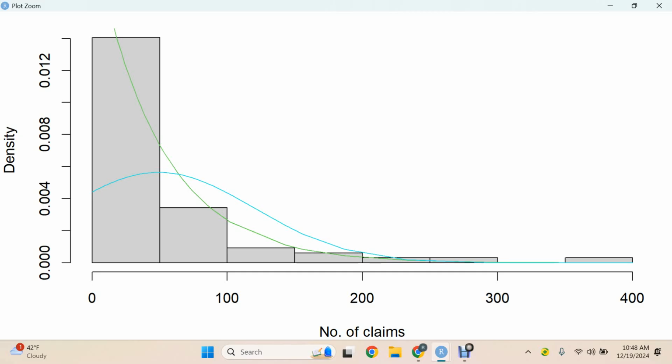How to find the proportion above a certain point. Empirically. So this is the empirical distribution, and I can also find the theoretical probability.